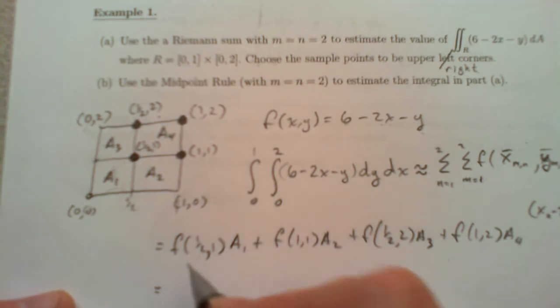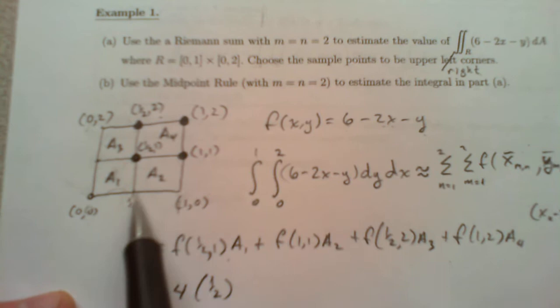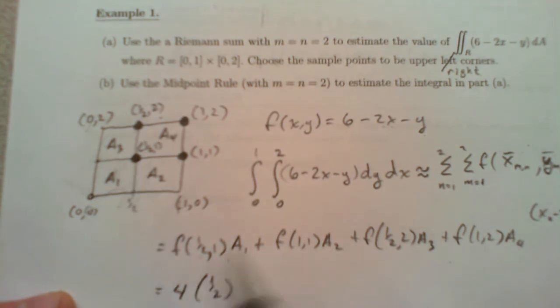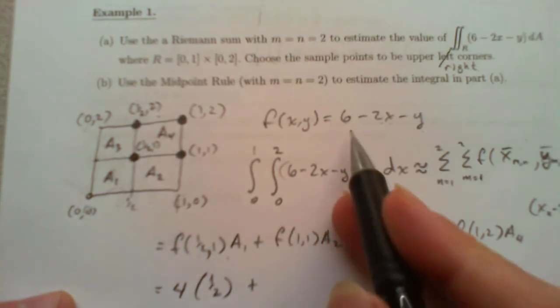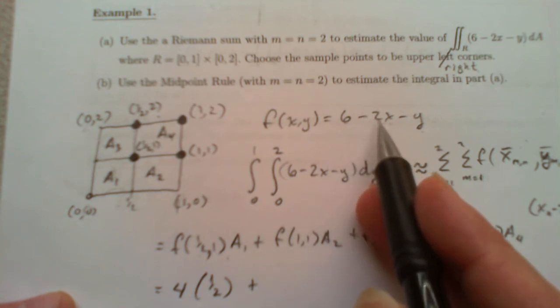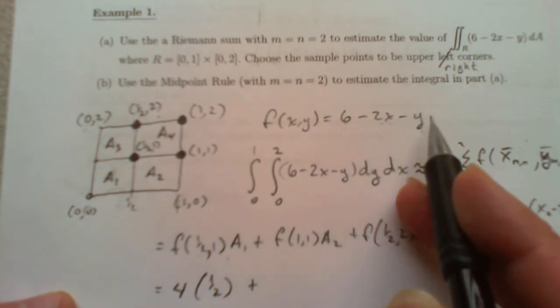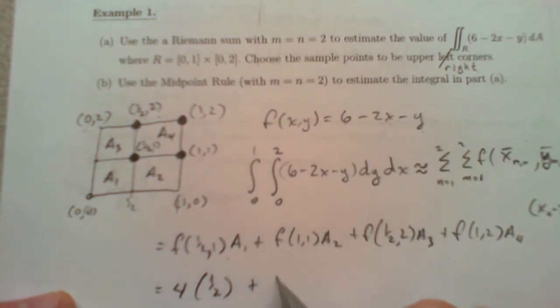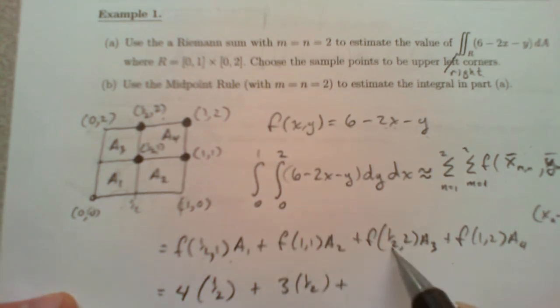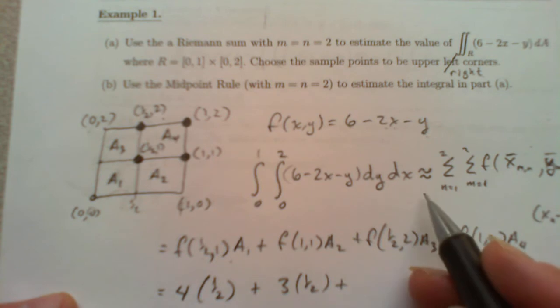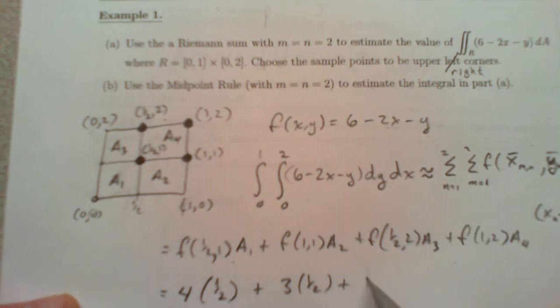So that's 4. That area, as mentioned, is 1/2, length times height. Now I plug 1, 1 into that. So 6 minus 2 times 1 minus 1. Then I get 3, and then times 1/2. When I plug 1/2, 2 into there, x is 1/2, y is 2. I also get 3.